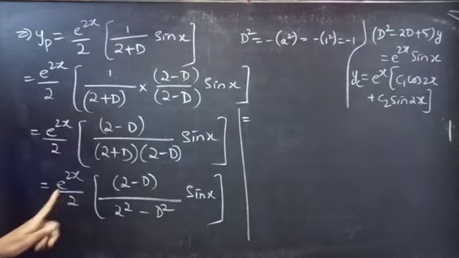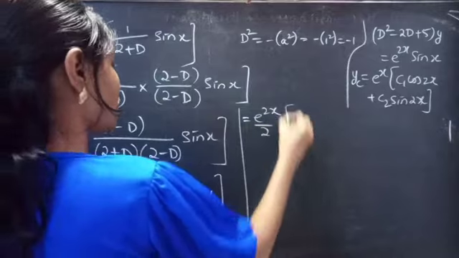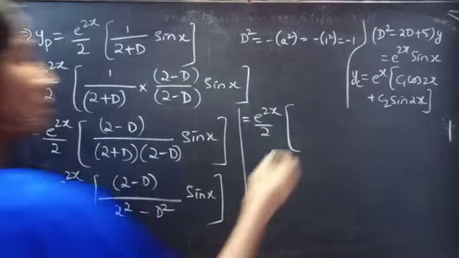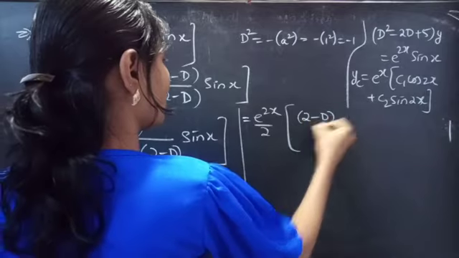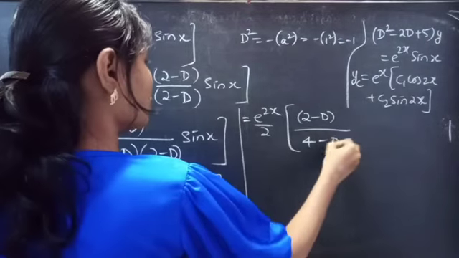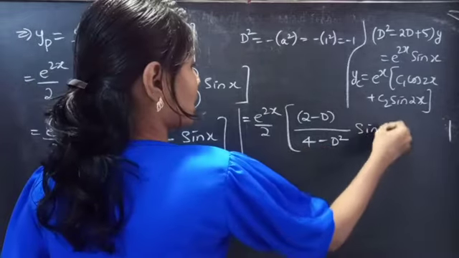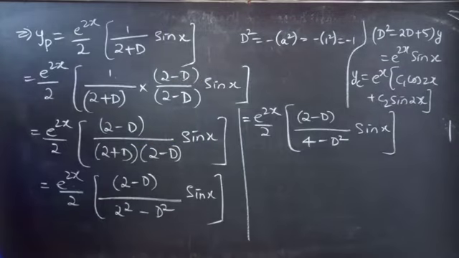equals e^(2x)/2 into (2 minus D) by (2 square, 4 minus D square) into sin x. Again, D square appears in the denominator, so what we have to do?